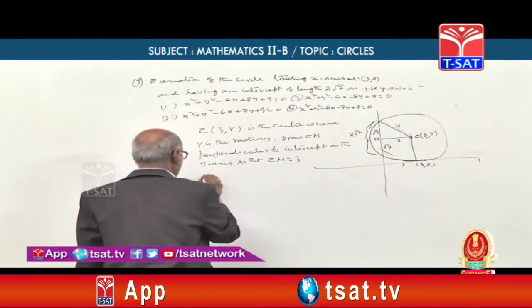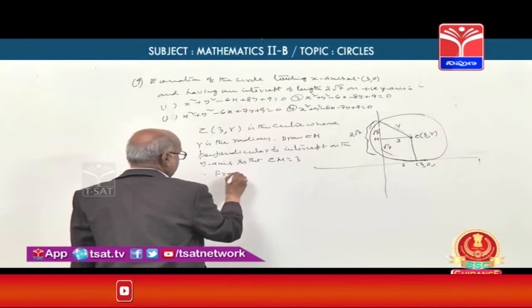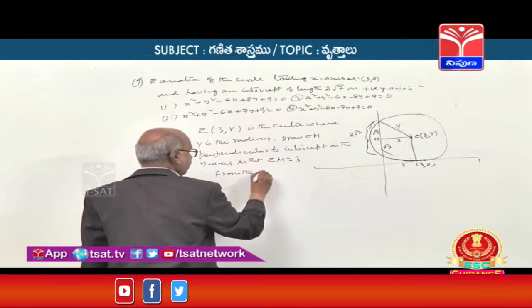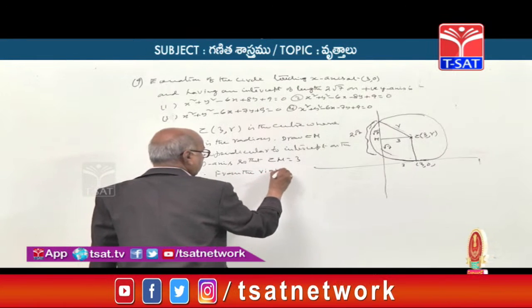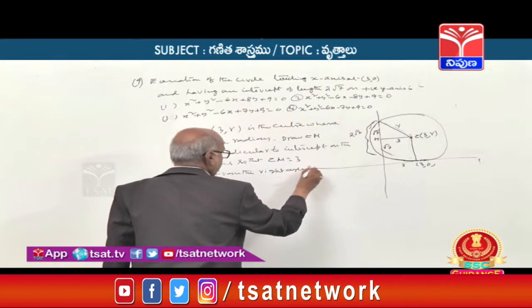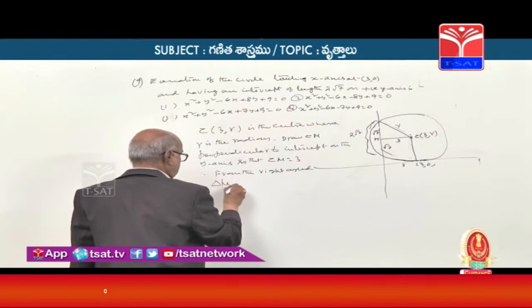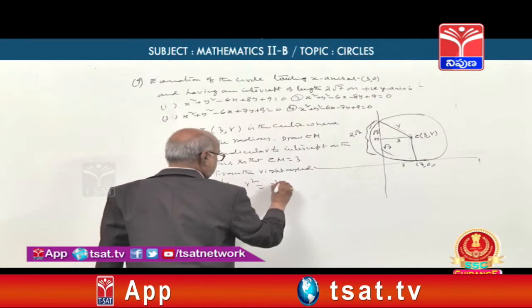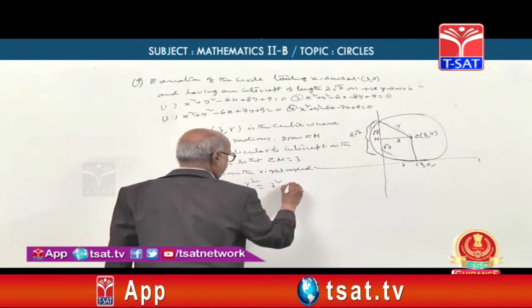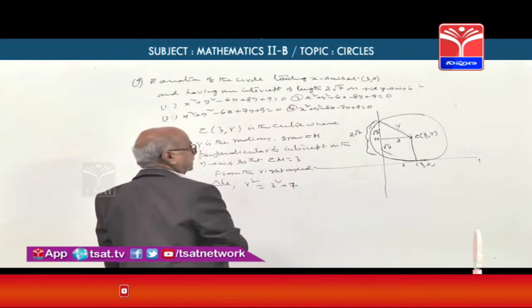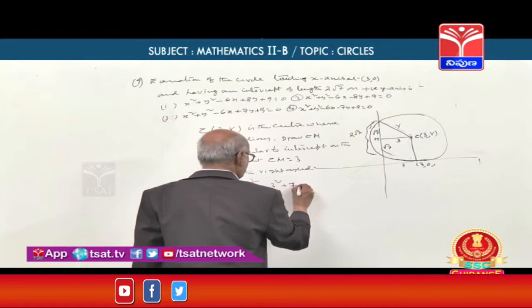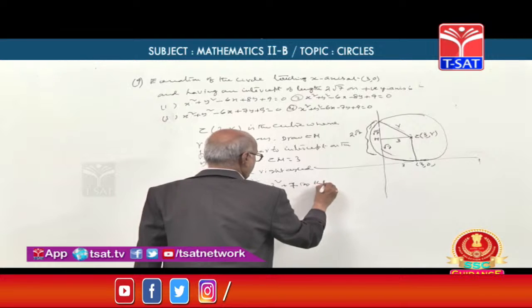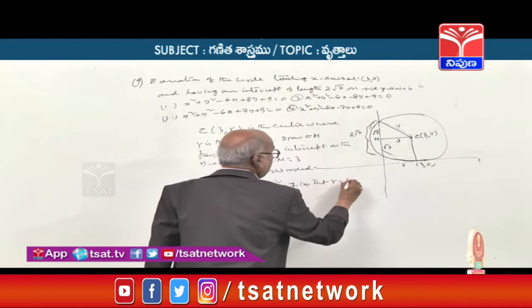So, therefore, from the right angle triangle property, you will get R square is equal to 3 square plus 7. So that R is equal to 4.